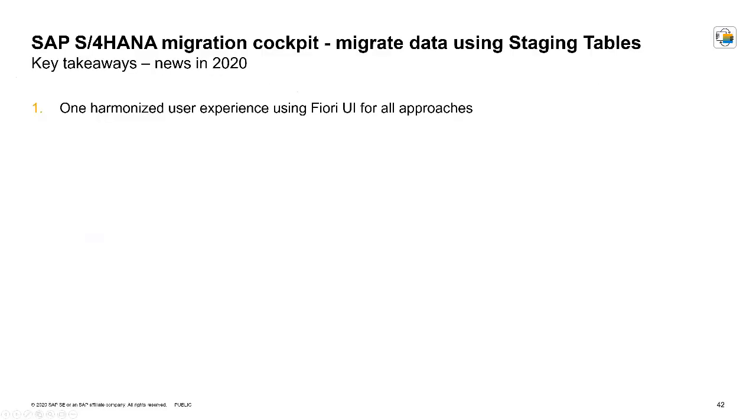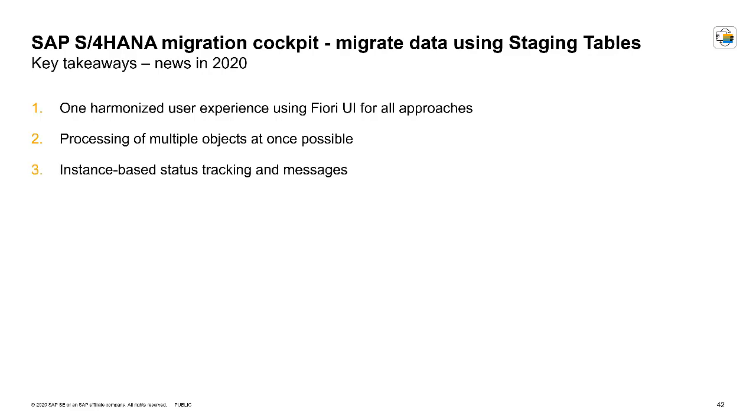Once again, we have our harmonized Fiori UI and the handling of multiple objects at once at the same time. We have the instance-based status tracking and the message handling improved.